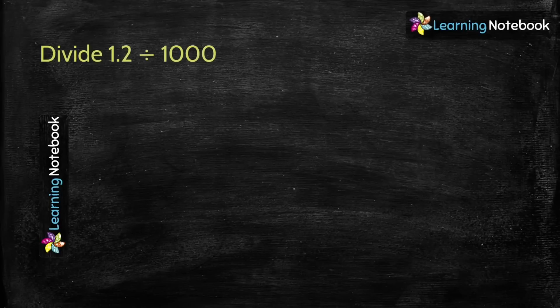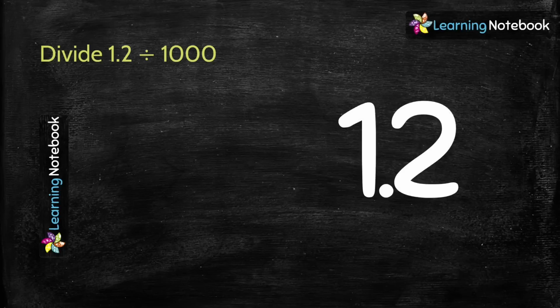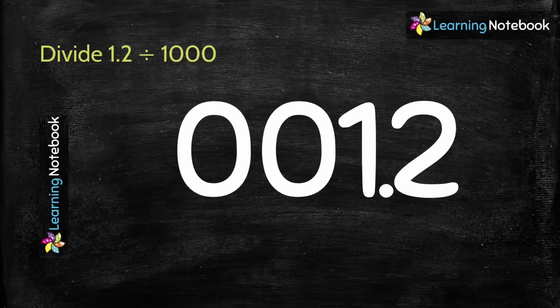Let's do one more question. Divide 1.2 by 1000. So here this decimal number is being divided by 1000. So the decimal point will move to the left by 3 places. But there is only one place at the left of the decimal point. And we need 3 places. So we will insert 2 zeros.